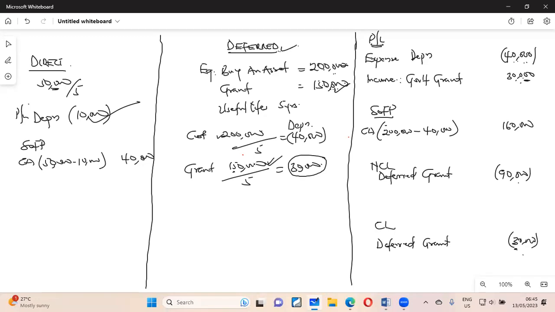If you have to reverse the grant, then it means that you have to do the opposite of everything that you have done here. That is the only thing that you have to do.